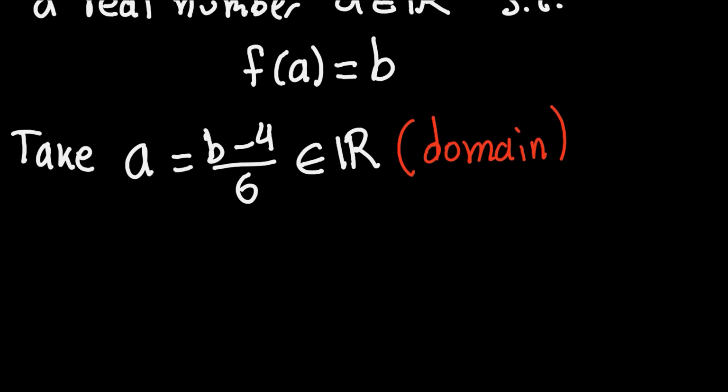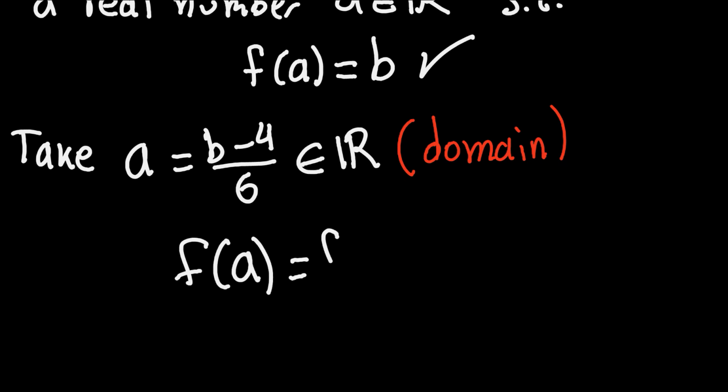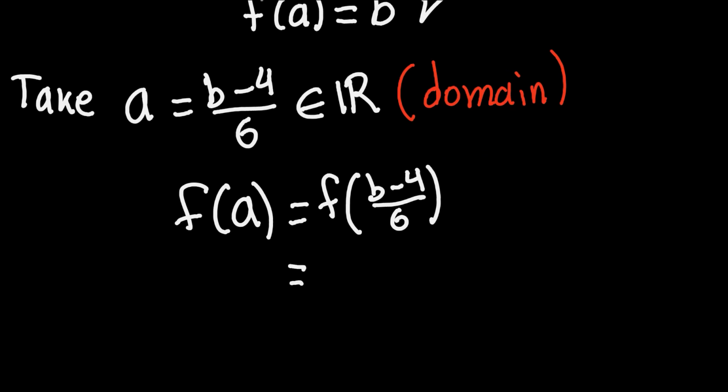And now I'm going to check that this is true. So what is f of A? It has to give me B. So f of A is going to be f of B minus 4 over 6. But then you apply the definition of the function. The definition of the function is f of any number is 6 times that number plus 4.